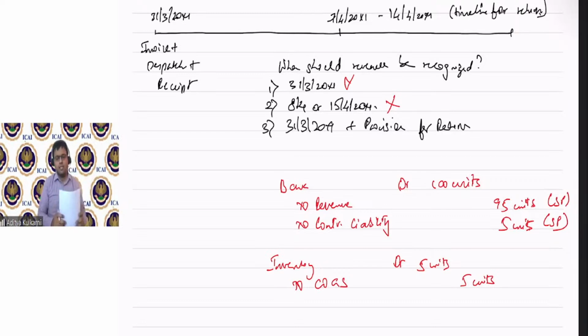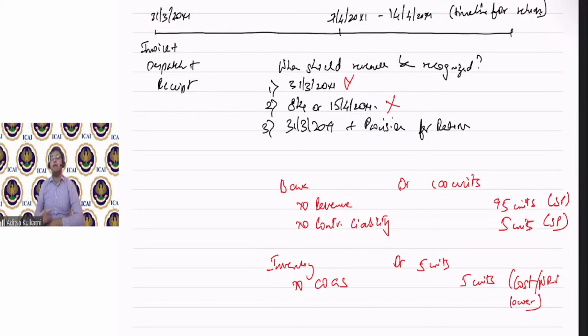Why is the COGS going to be reversed? Because it is my inventory which is lying with them. So therefore, I have a right over that inventory until they accept it. So therefore, inventory account debit to COGS. This will be at cost or NRV, whichever is lower.